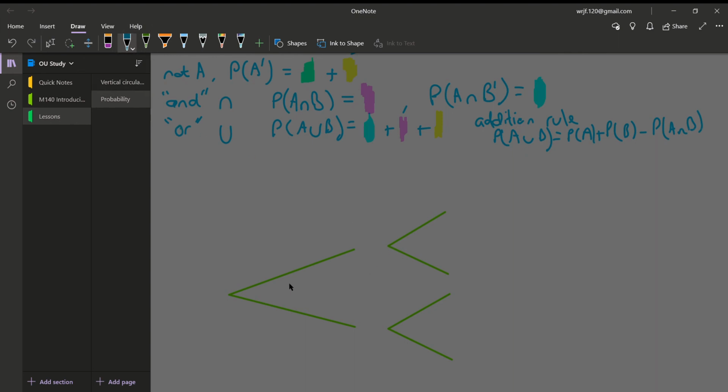And so we'd be thinking about the first section, the first division of the tree diagram, perhaps as being A. It doesn't necessarily have to be; it could be B first, but whatever. So at the first stage here, I might have A has happened. Or the other alternative at that first stage is that A didn't happen, and so that would be a not A. And then at the second stage here, we've got a B happening or a B not happening.